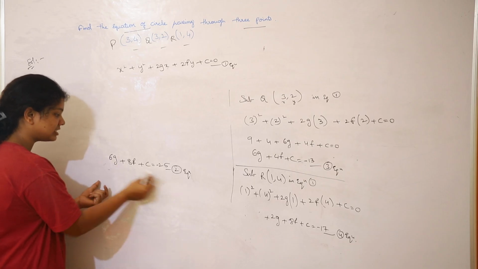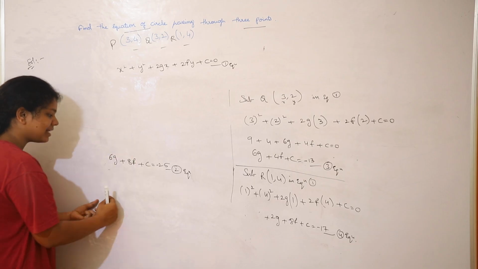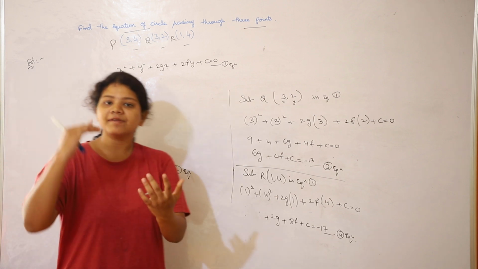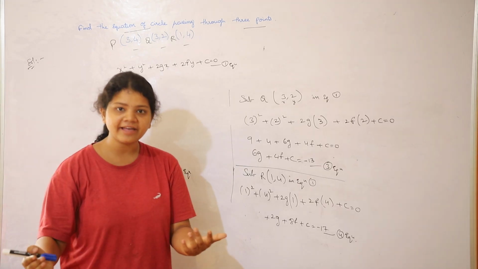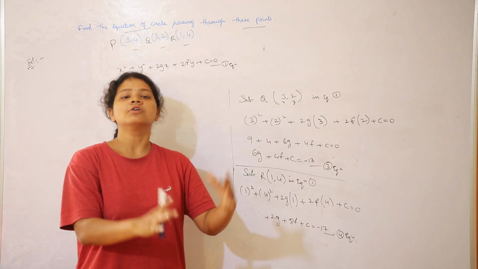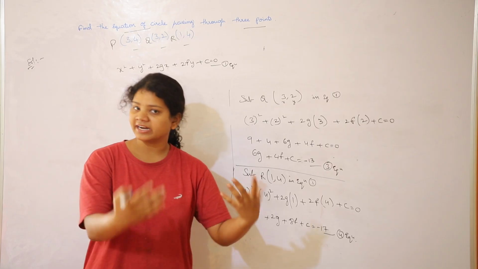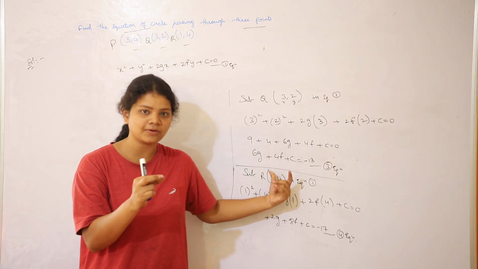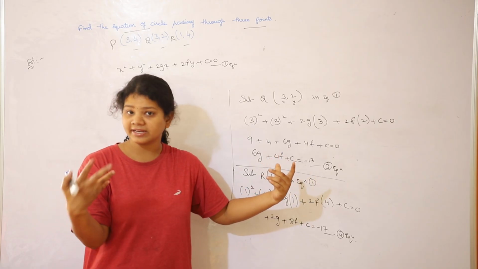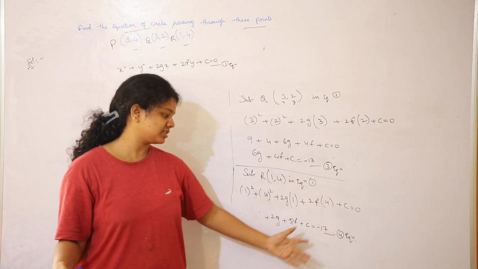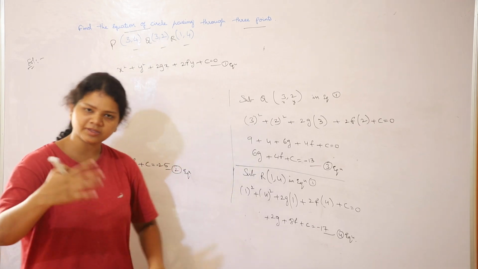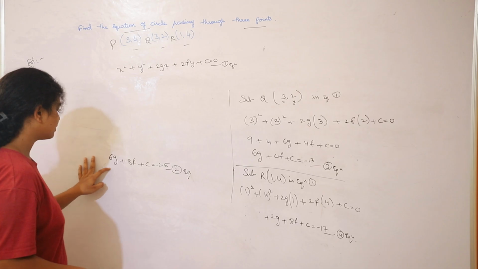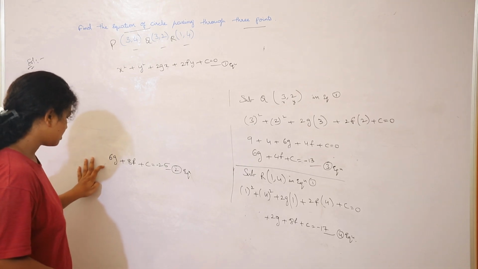If I eliminate g, I will get f. If I eliminate f, I will get g. After getting the g and f values, substitute them in any of these equations, and then you will get the c value. I will do the process, don't get confused, and then you can easily understand.